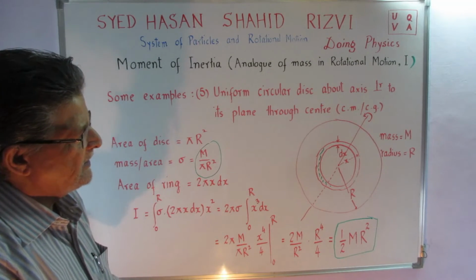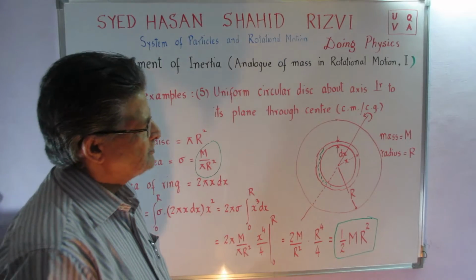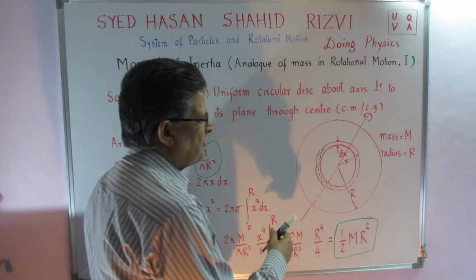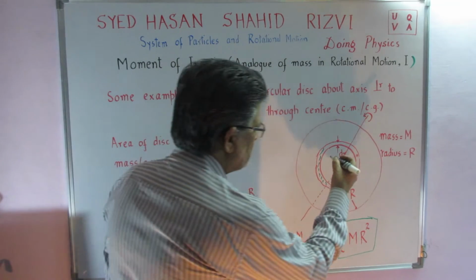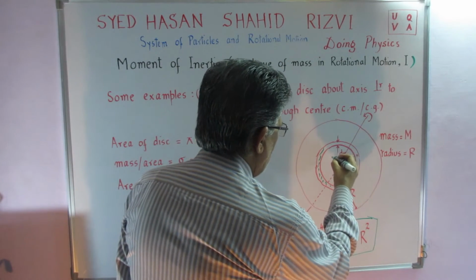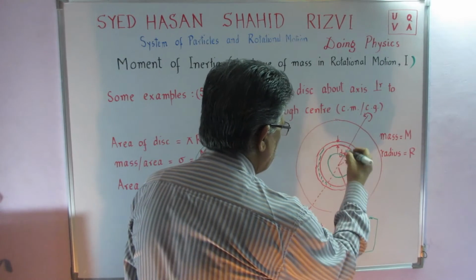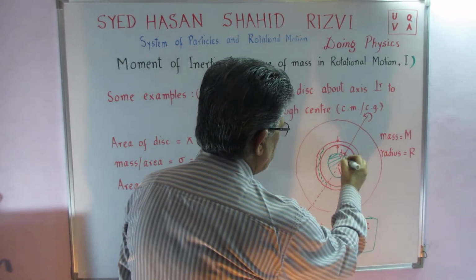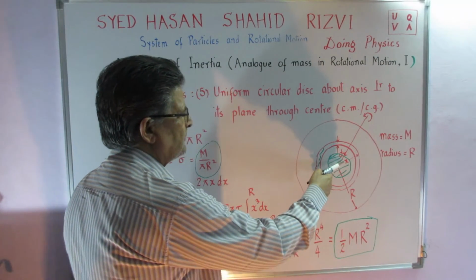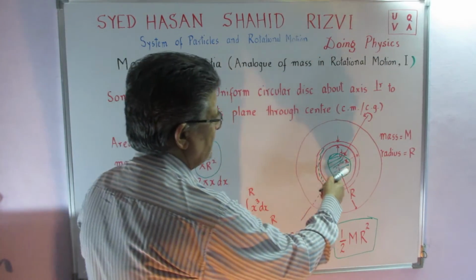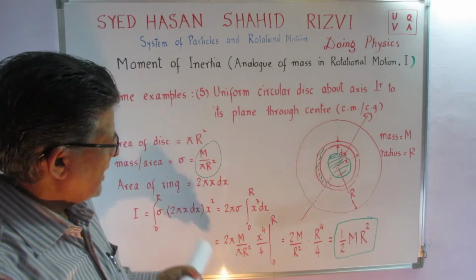The other thing is that whatever I have built up, similarly I can build up for an annular disk. Suppose there is a disk with an annular kind of aperture. This part is missing. So I can say that the radius is r1 and this radius is r2, and then again work out the same kind of mathematics.